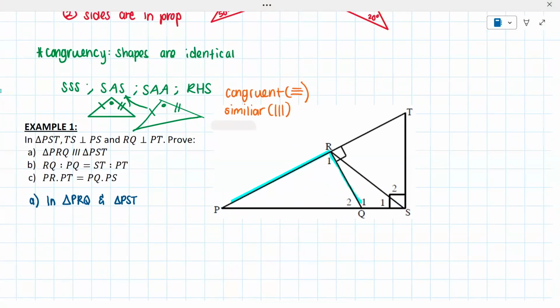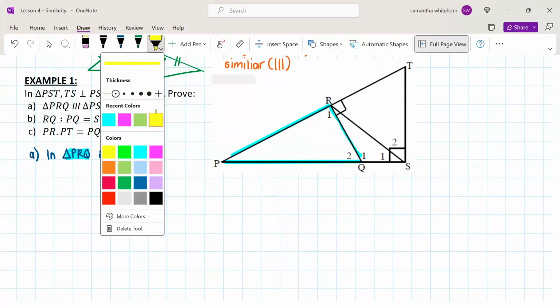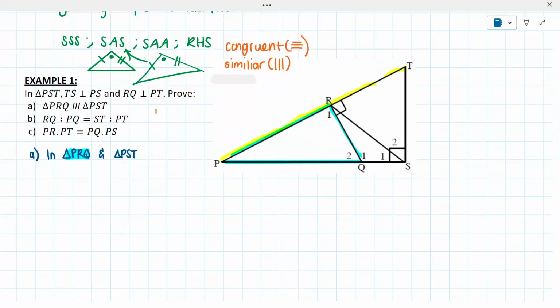So there's PRQ. Okay, there we go, PRQ. And then we've got PST, which is the big triangle that I was initially given.